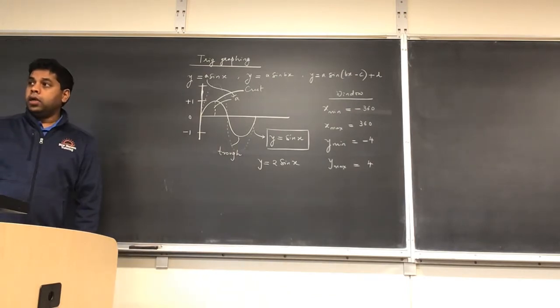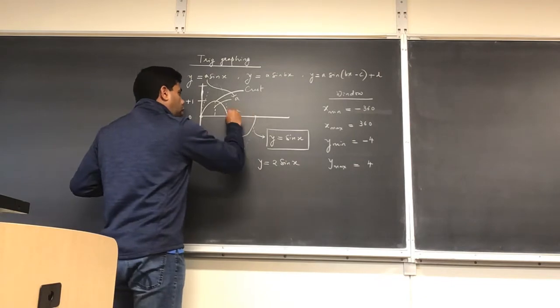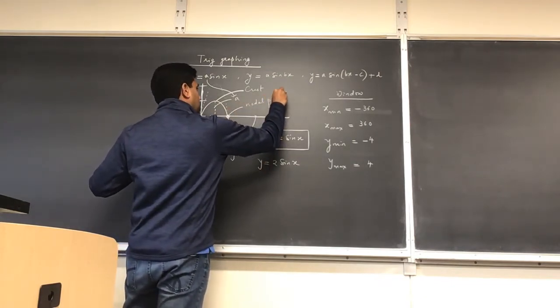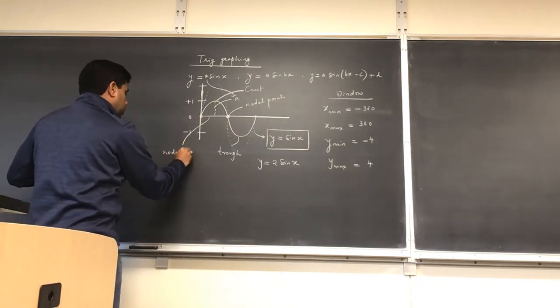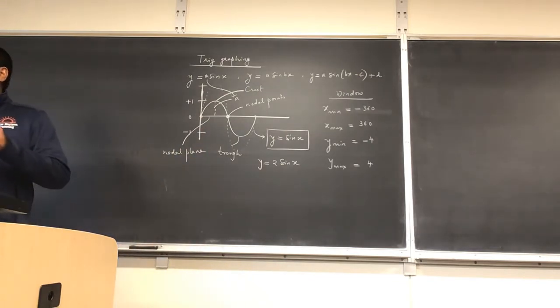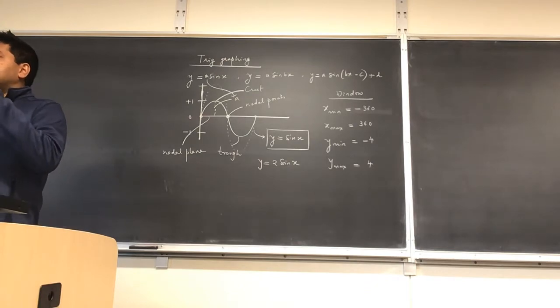Am I right? So have these points changed? No. So these are called nodal points. And this is called a nodal plane. So when you change the amplitude, the points, the planes don't change.